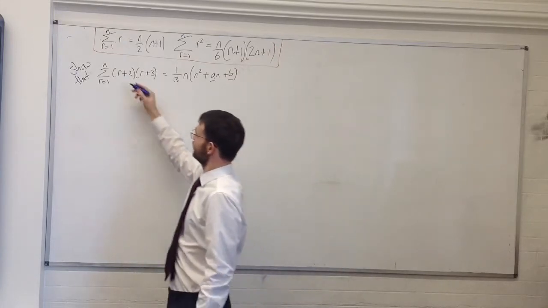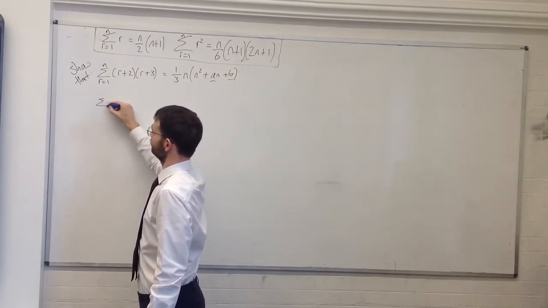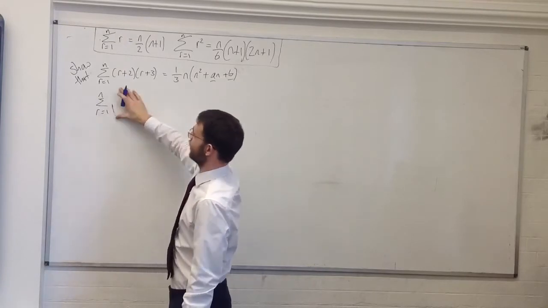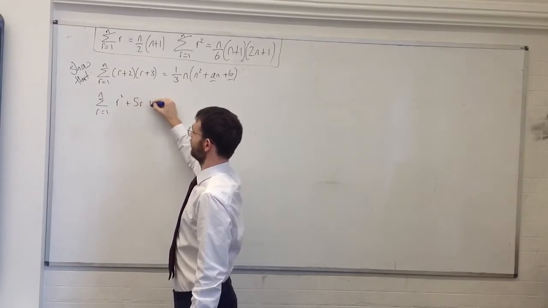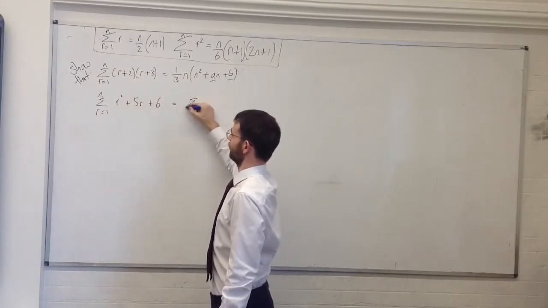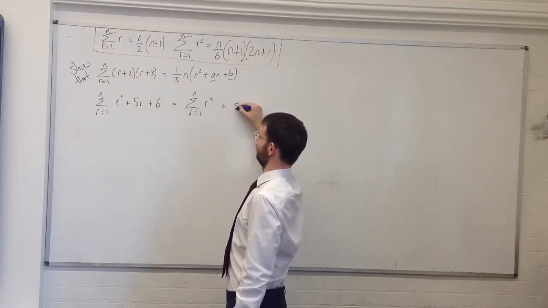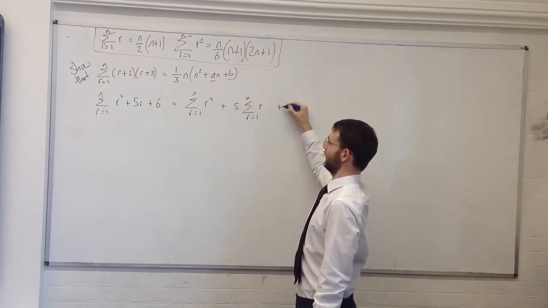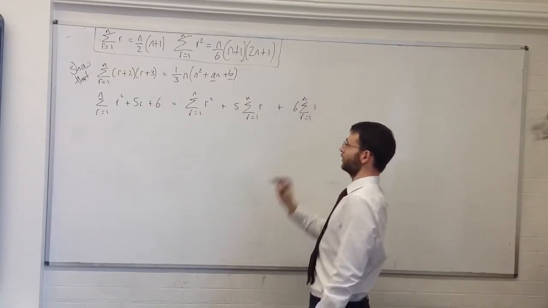So first of all, let's start with the left-hand side. We've got the sum from r equals 1 to n of, well, let's just expand this straight away: r squared add 5r add 6. This is equal to the sum from r equals 1 to n of r squared, add 5 lots of the sum from 1 to n of r, add 6 lots of the sum from r equals 1 to n of 1.